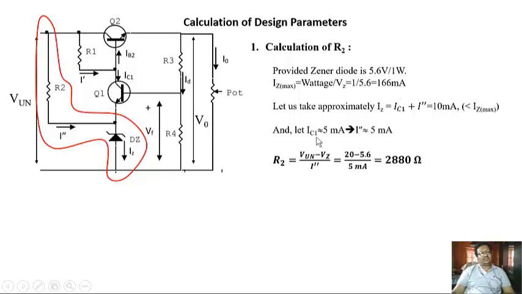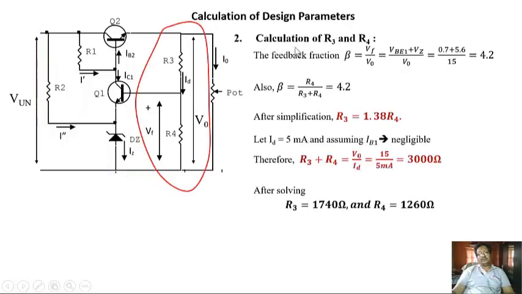Let us take the collector current flowing through this Q1 transistor equal to 5 milliampere, and I double prime equal to 5 milliampere. So the value of R2 will be V unregulated minus Vz by I double prime, which comes out to be 2.88 kilo ohm. Similarly, we can calculate R3 and R4 values. The feedback factor beta is equal to Vf by V naught, and it can be written like this, and Vf is 4.2 volt.